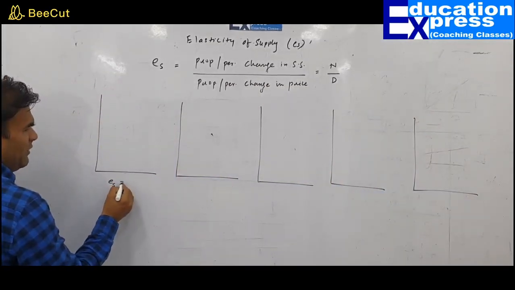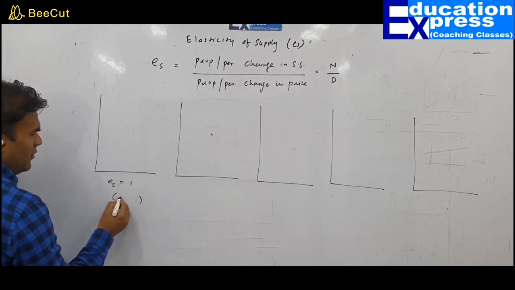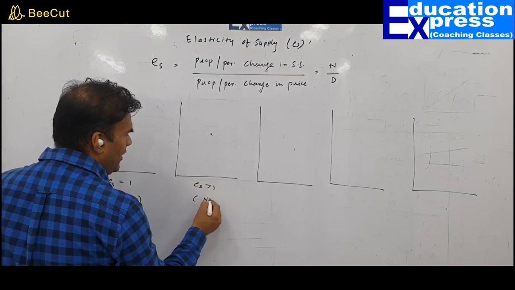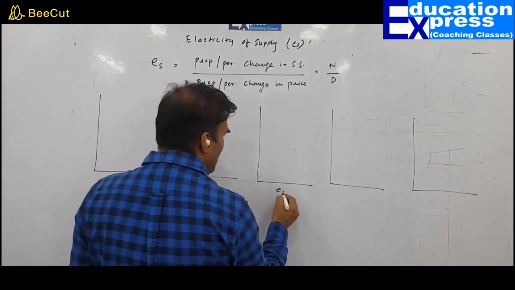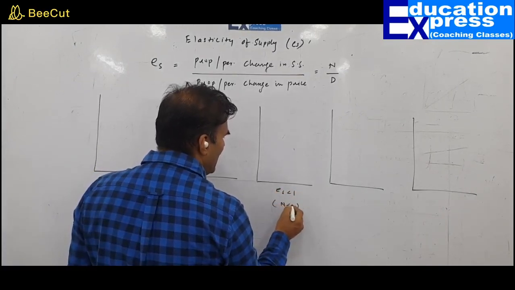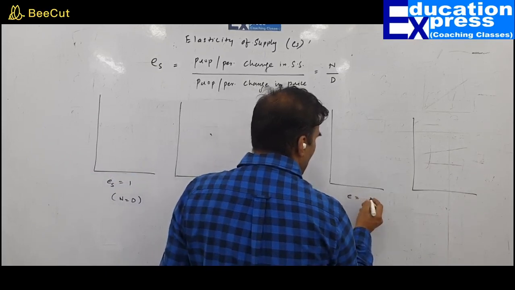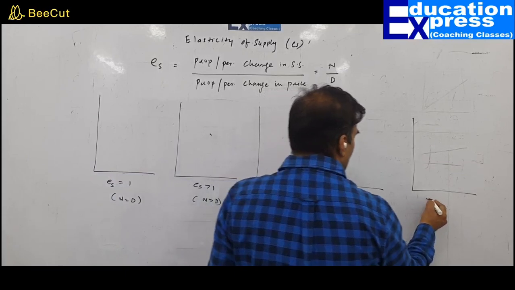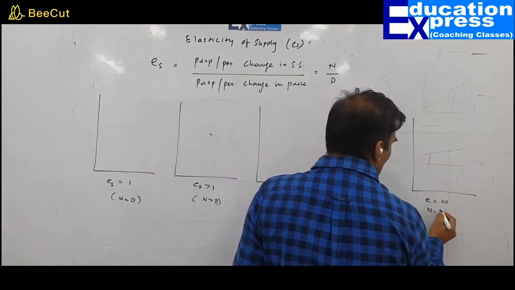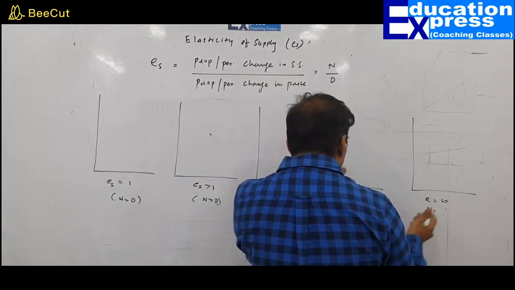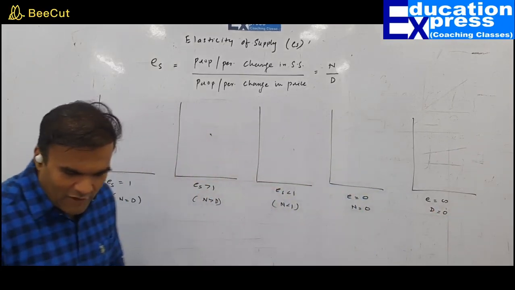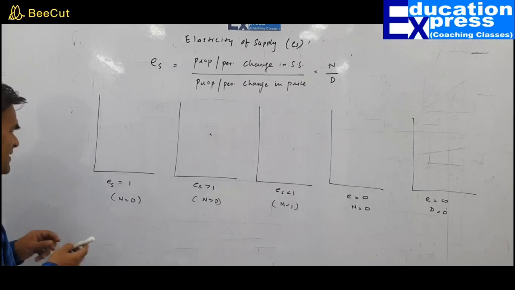E equals 1, that is numerator equals denominator. E more than 1, numerator is more than denominator. E less than 1, numerator less than denominator. E equals 0, numerator is 0. E equals infinity, denominator equals 0. When you know this for sure, life becomes very simple.